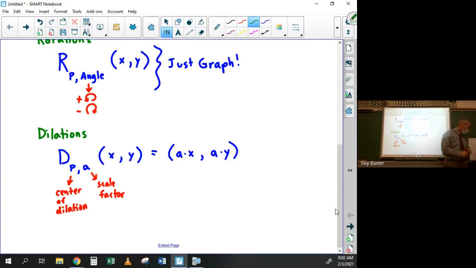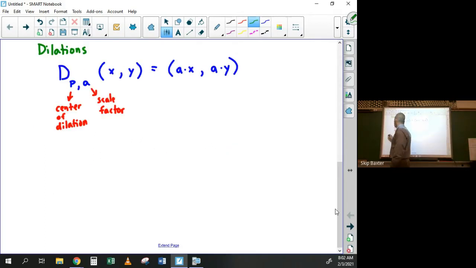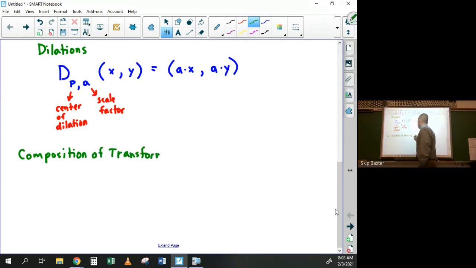And then we also talked about composition of transformations. This is just when you do more than one, like in a row.